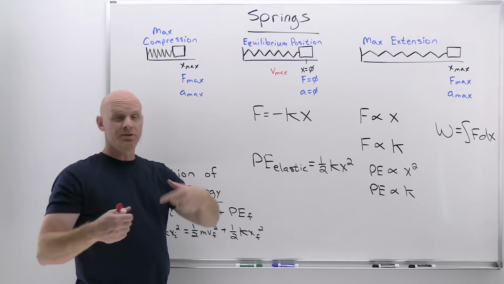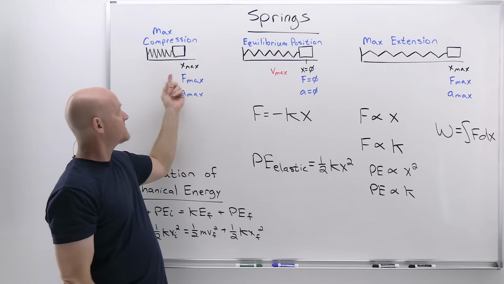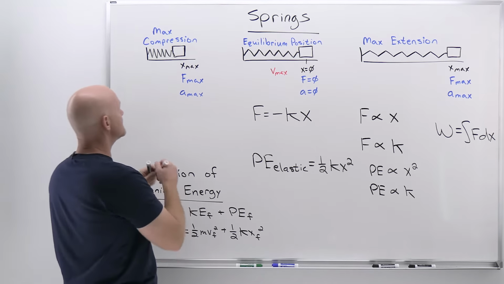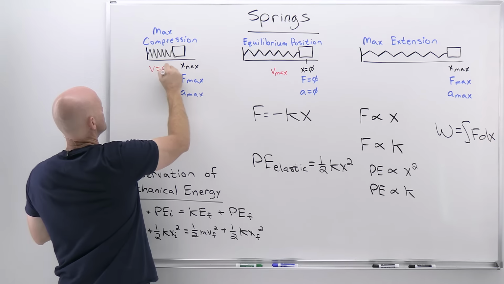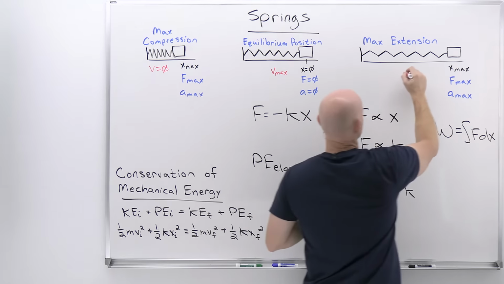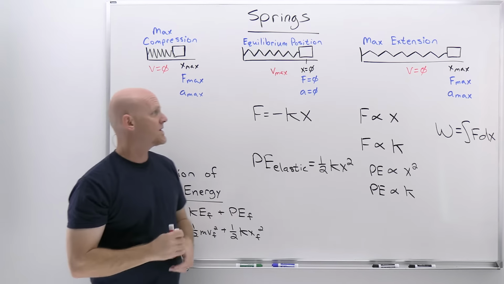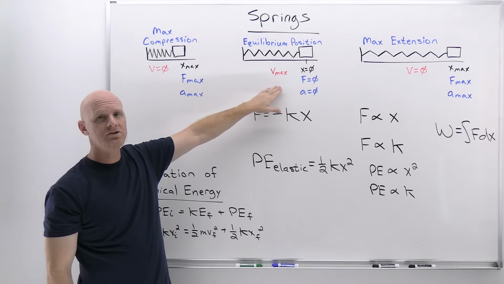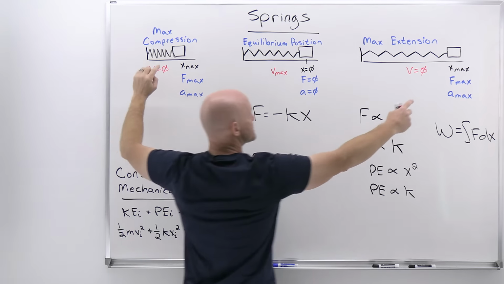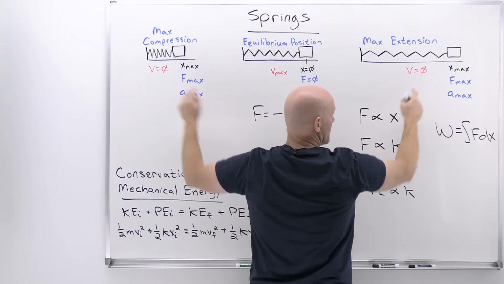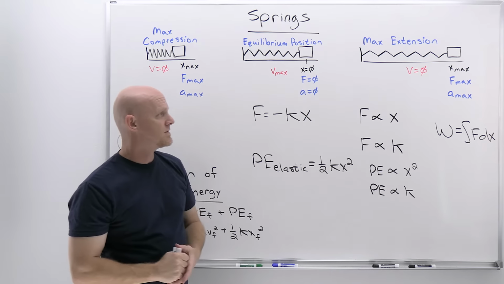That's true here on the springs as well. At the point of max compression and max extension, for a split instant, the velocity is 0, which means it has no kinetic energy, all potential energy. So in addition to having maximum kinetic energy at the middle and no potential, at the extremes, the points of maximum displacement, we have all potential energy and no kinetic energy, with the velocity being 0.